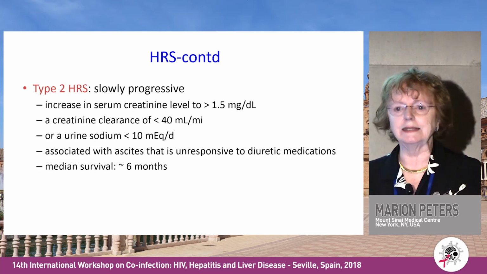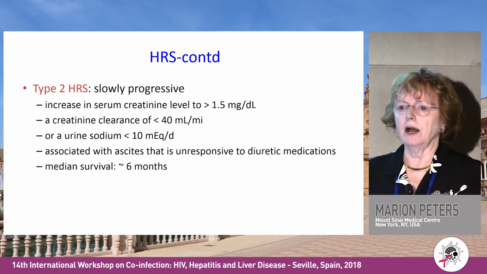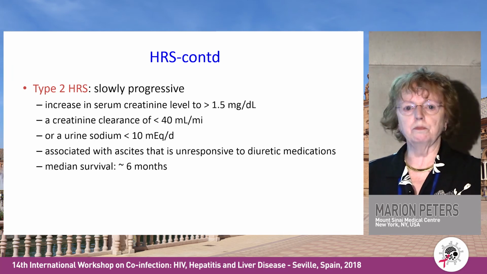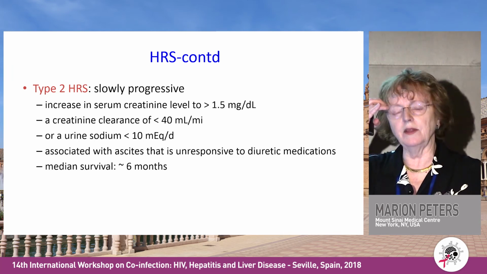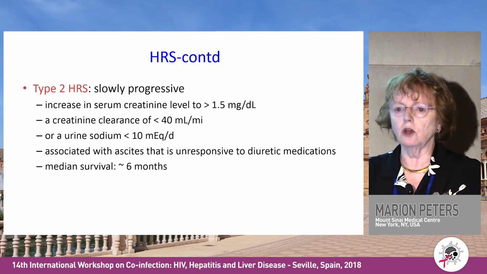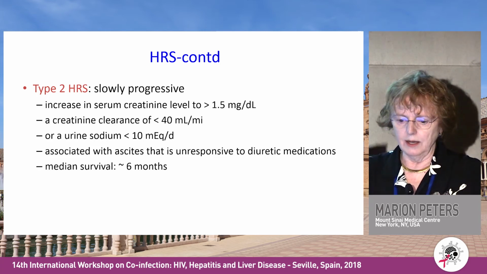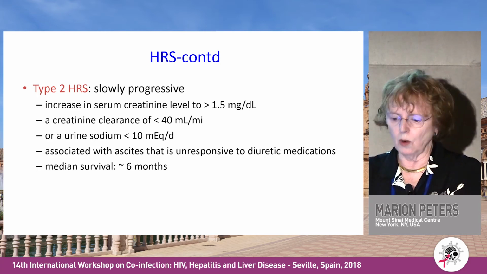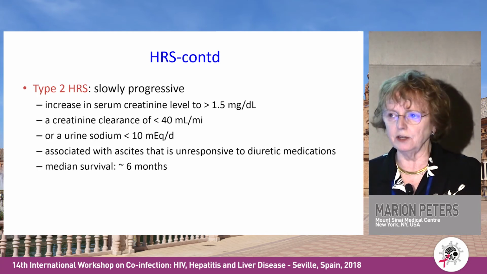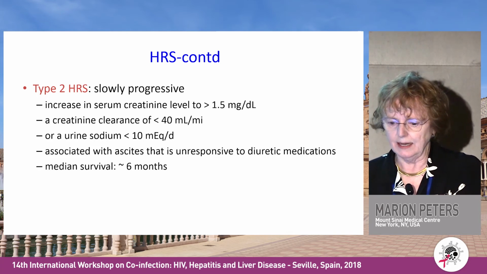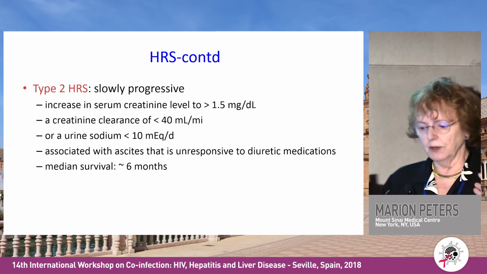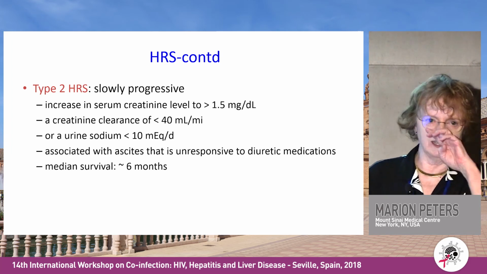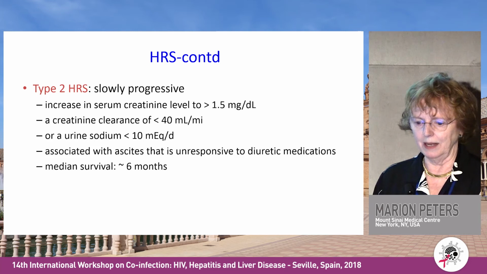Remember, patients with end-stage liver disease have very low muscle mass, and their creatinines may be quite low. So a creatinine doubling or over 1.5 is really quite severe end-stage renal disease, and it's associated with diuretic unresponsive disease, and the survival's about 6 months.